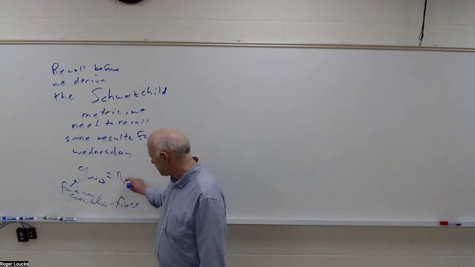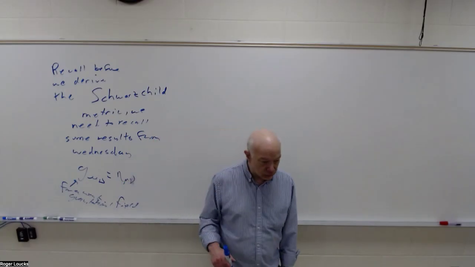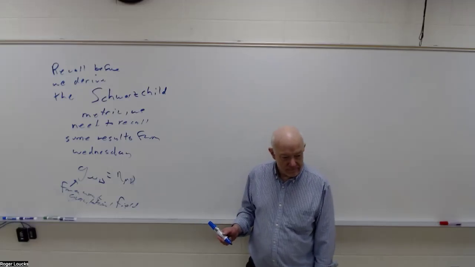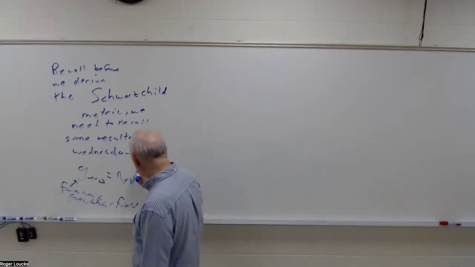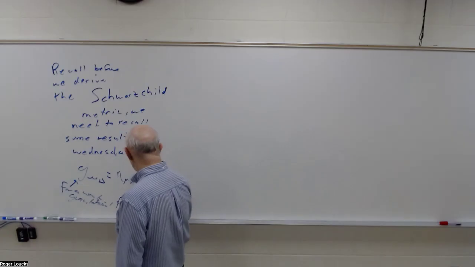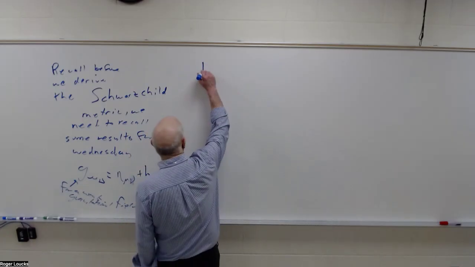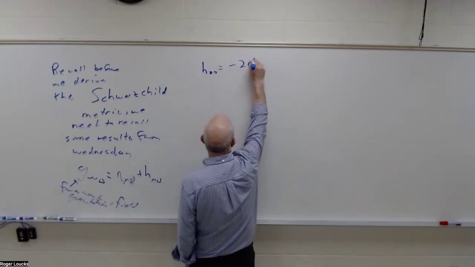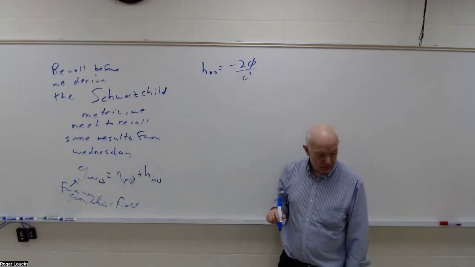Excellent. That's the flat spacetime metric. And then what did we add to that? A small correction, which we called h. Now we worked out h00. h00 was 2 phi over c squared. Right?